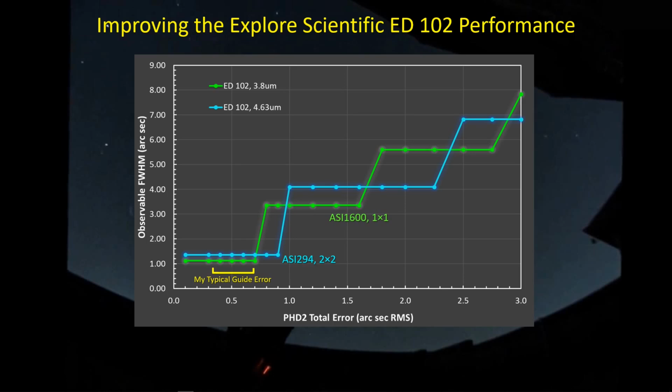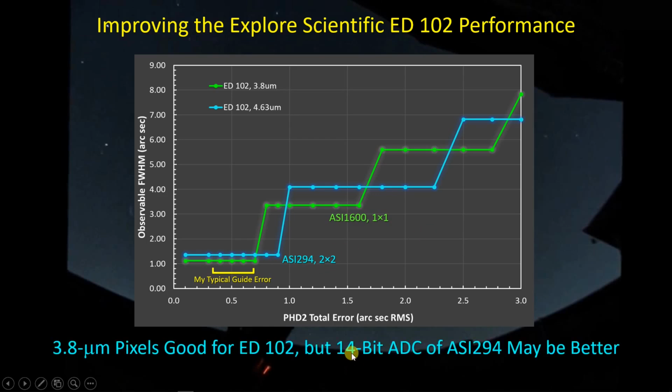But an interesting thing with the ASI 294 is that in 2x2 mode, you get the benefit of a 14-bit analog to digital converter as opposed to the 12-bit ADC that I have with the ASI 1600, which means it may be interesting to use the ASI 294 with this telescope, give up some resolution, but get tonal resolution that I can't get out of the 12-bit ADC of the 1600.